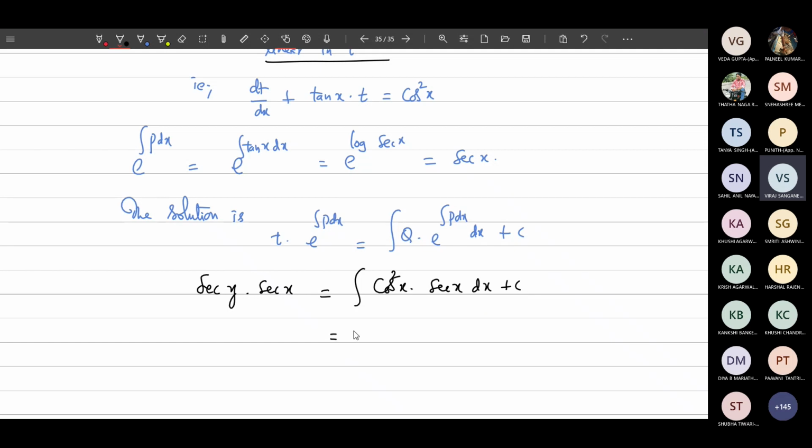So this is integral cos x dx plus c, which is nothing but sin x plus c. So this is secant y secant x equals sin x plus c. This is the solution.